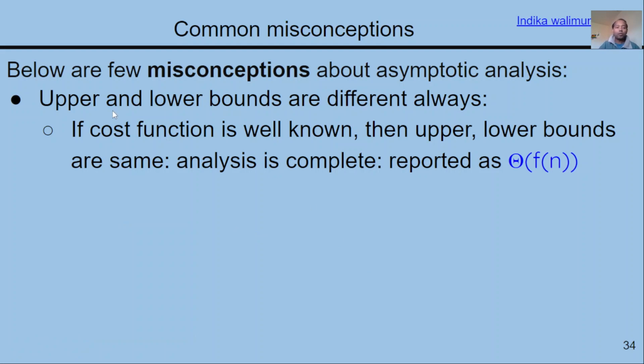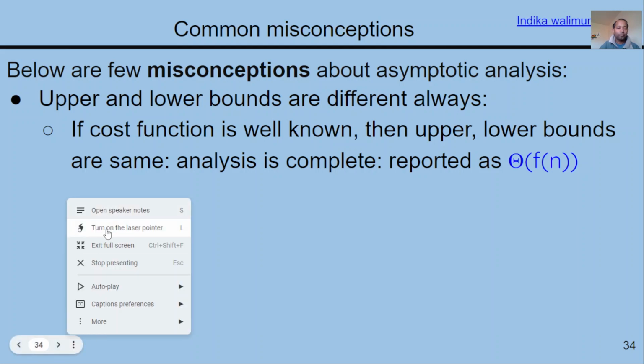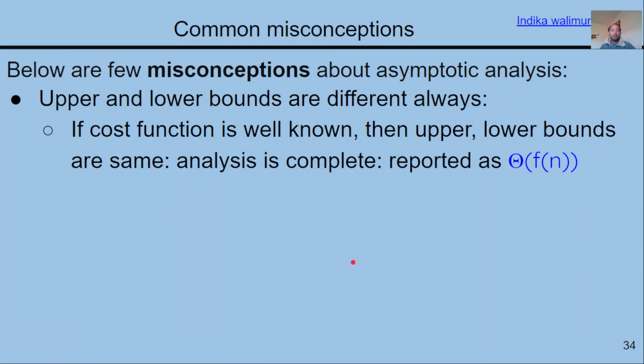One is that upper and lower bounds are always different. Basically, if the cost function is well known, then the upper and lower bounds are the same. So we say the analysis is complete, and we use the big-Theta notation for that.